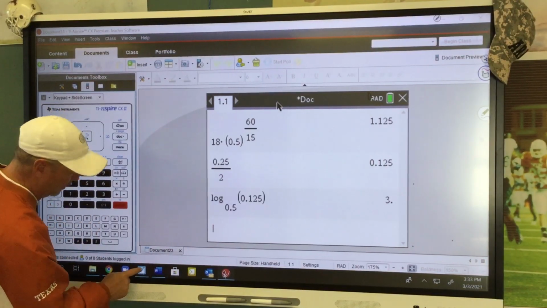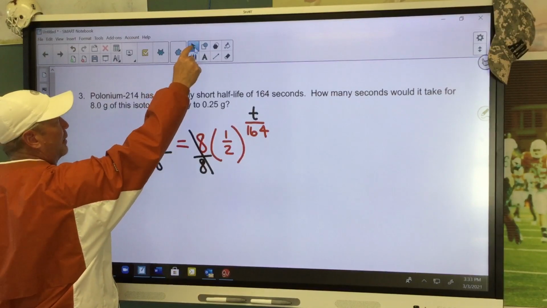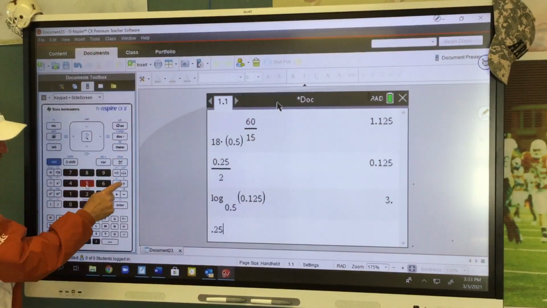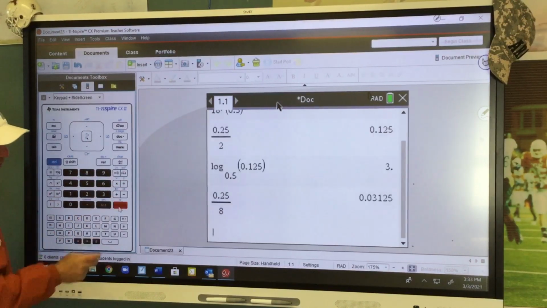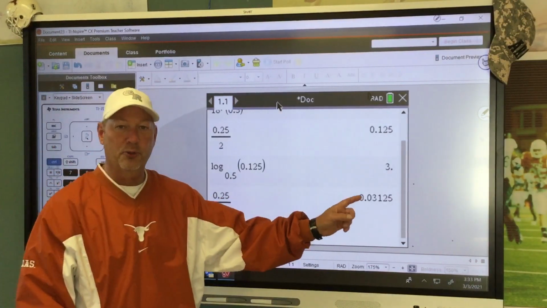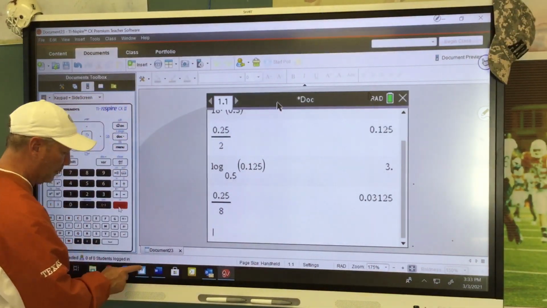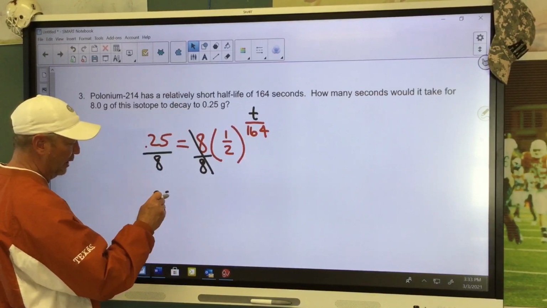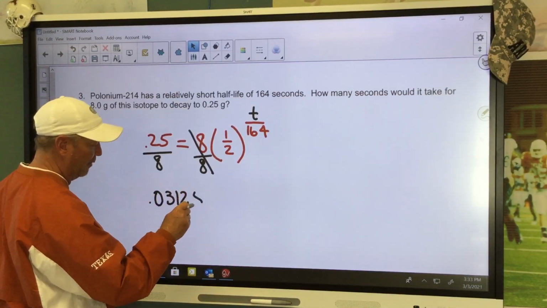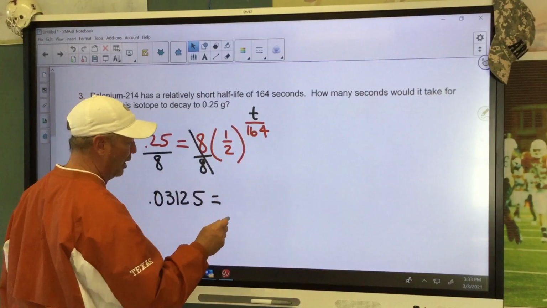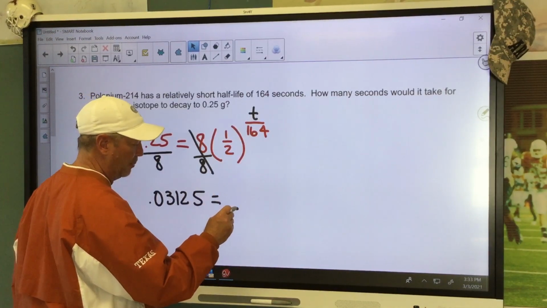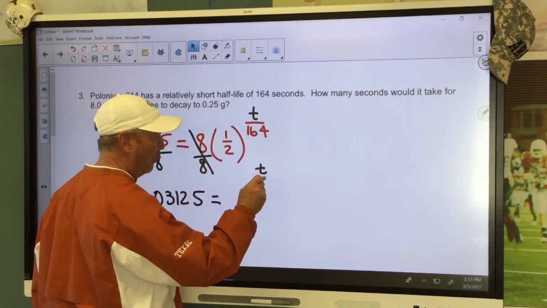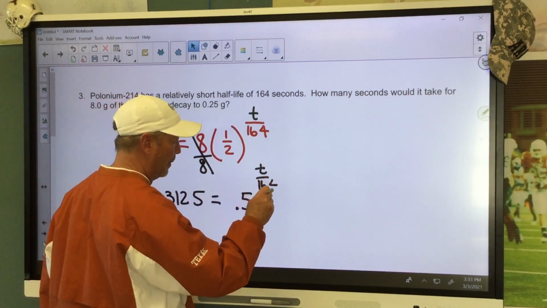Let's go with this. Sometimes it won't let me use my calculator. 0.25 divided by 8, enter, 0.03125. So this is going to give us 0.03125 equals 1/2. I'm going to convert that to 0.5 raised to the t over 164.